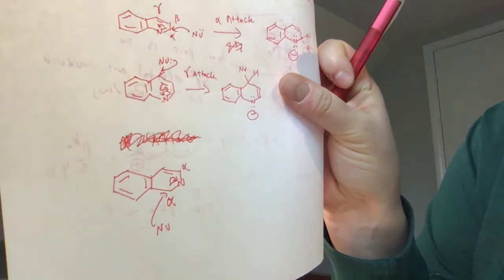So if it's going to alpha attack at this position at the bottom here, so we could have alpha 1 essentially. This is alpha 1. We're going to get to this product.